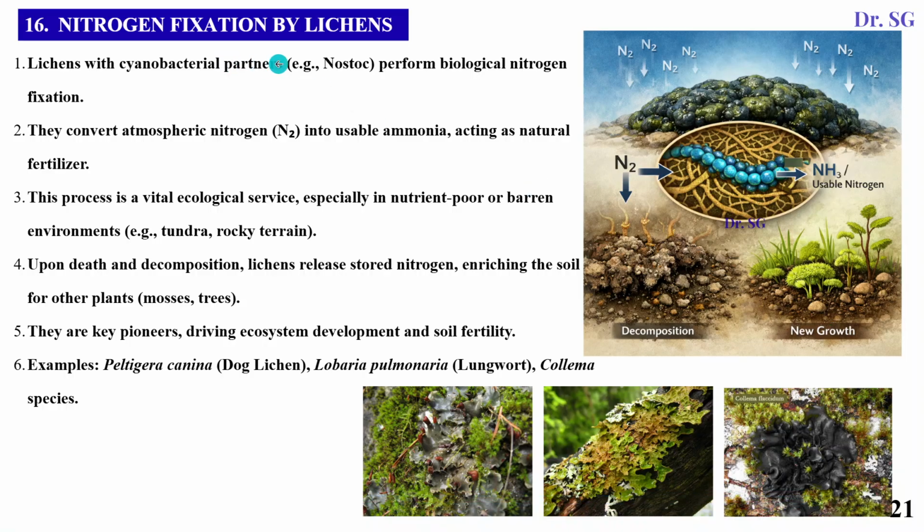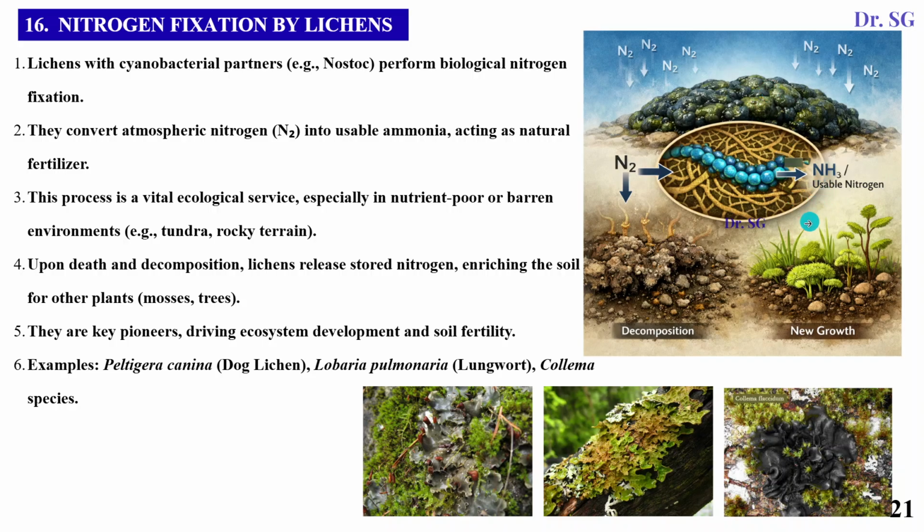And nitrogen fixation is also taking place in lichens. When I was dealing with the cyanobiont in the earlier lecture, that means you have a cyanobacterium along with the fungal partner, not the green algae but the cyanobacterium, for example Nostoc. So they can do efficient biological nitrogen fixation. So these lichens convert atmospheric nitrogen into a usable form like ammonia, acting as a natural fertilizer.